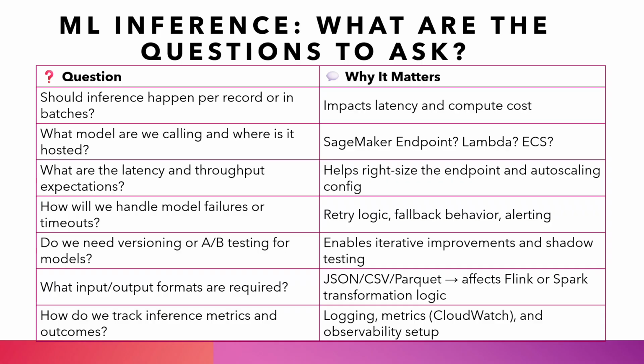Then we need to ask whether we need versioning or some type of A/B testing for the model. As you improve the model, you will want to test different versions and strategies to find the best-performing model. That's what a lot of people do; they don't rely on one single model. They keep developing models and then see which model actually best fits the use case.